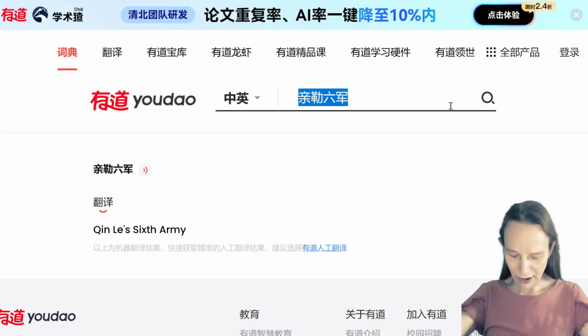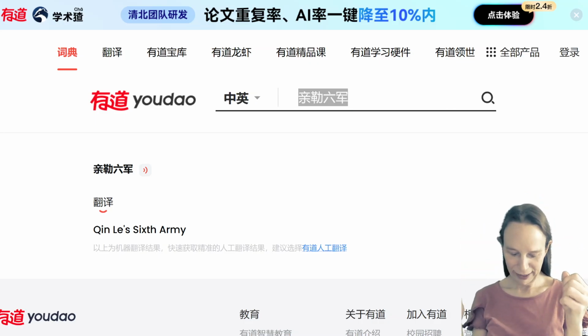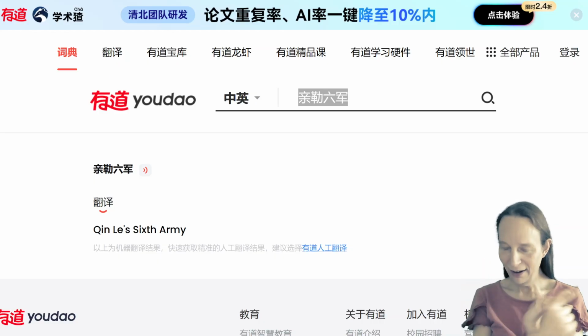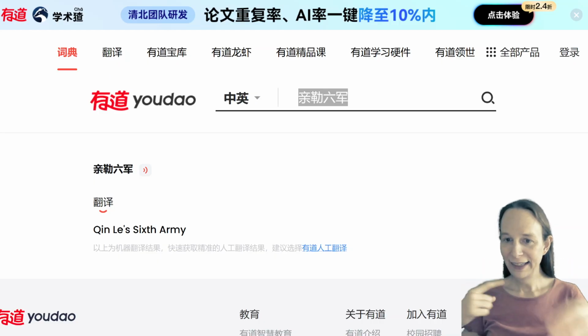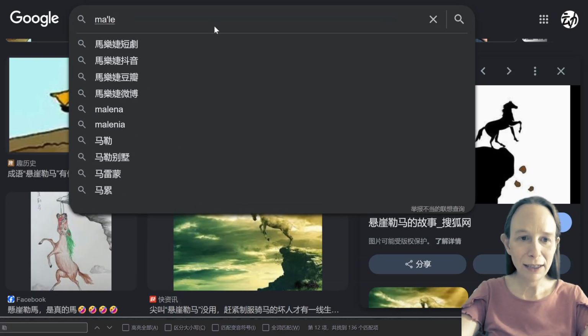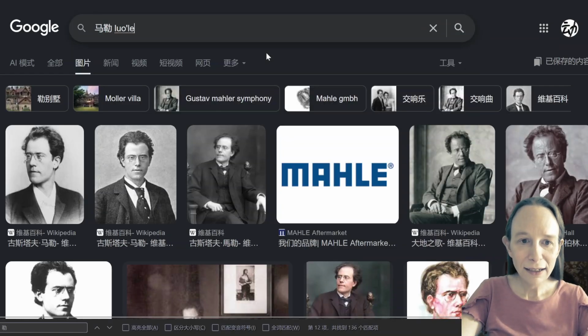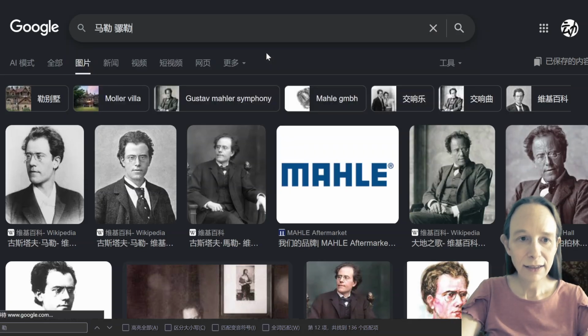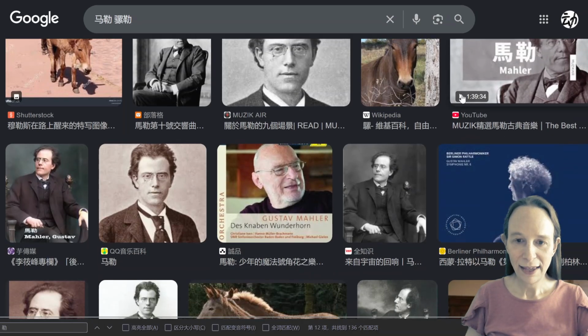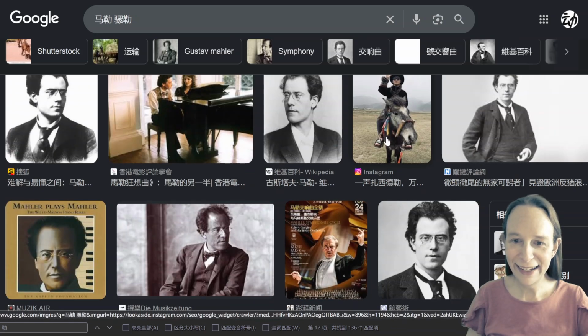Anyway, so for le, really we have 3 meanings we need to know. One was the physical item on a horse, or ma le, luo le, this sort of thing. This bridle on a horse. Oh, it's really hard to get examples.